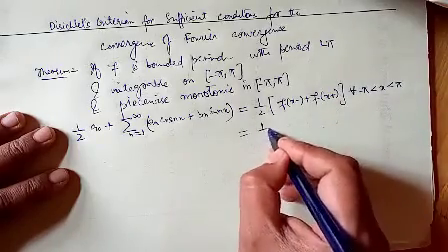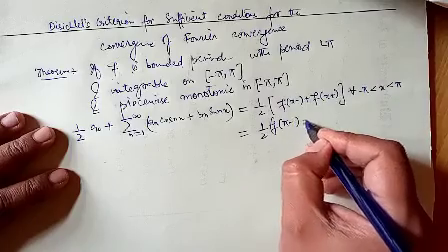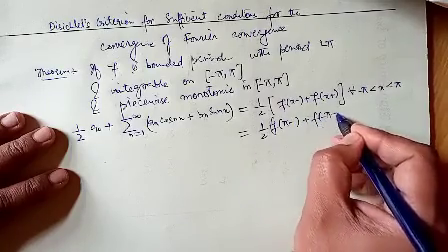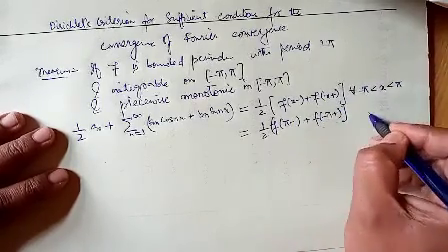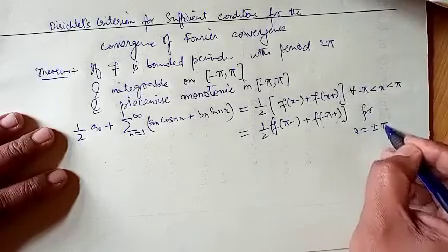And it would be just the average of f of pi minus plus f of minus pi plus for of course x equal to plus minus pi at the endpoints.